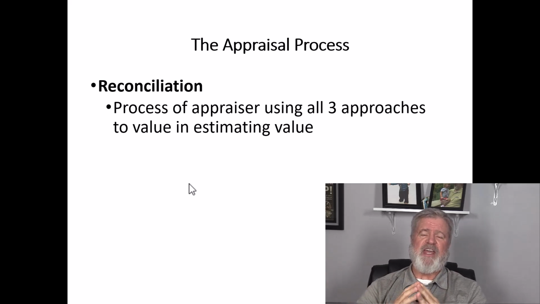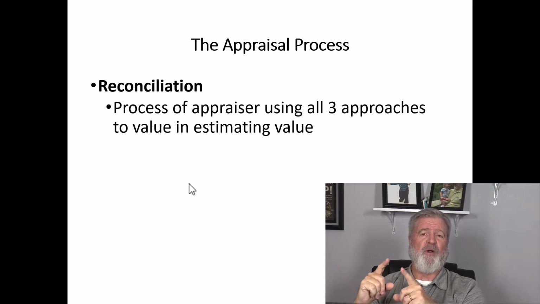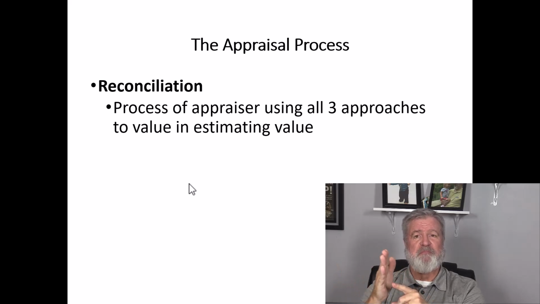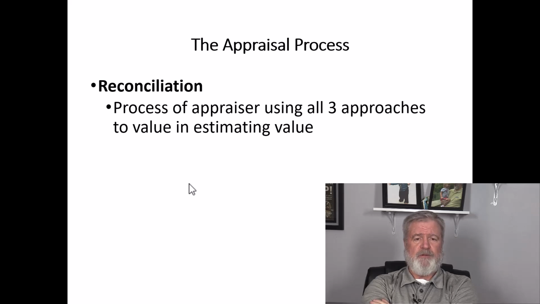But at the end of the day, you need to decide which one of the 3 do I put the most weight on, which one do I put the middle amount of weight, and then the third. So you're reconciling the 3 approaches to try to come up with your final opinion of value, and that's what you're doing here.